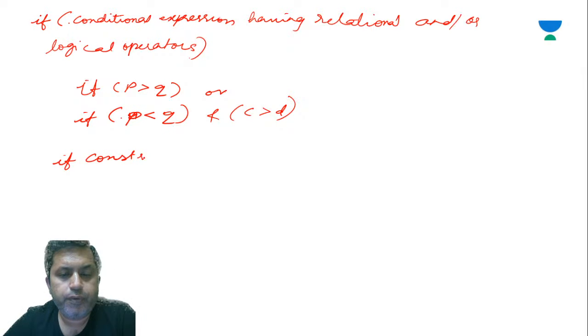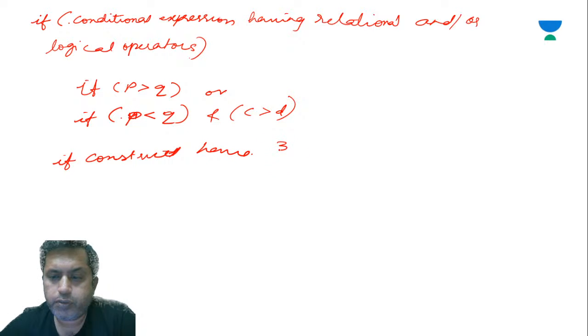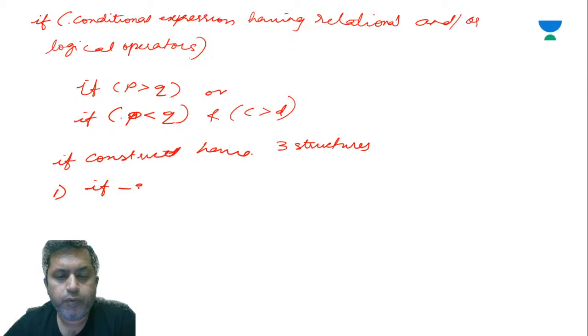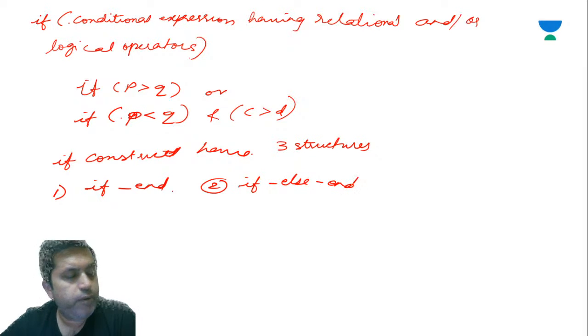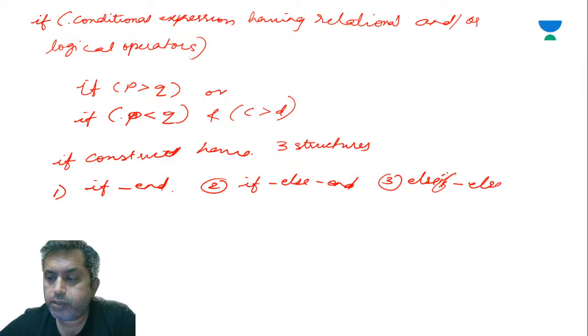So the if construct has three structures. First one is if, second one is if else, and third one is else if else and.